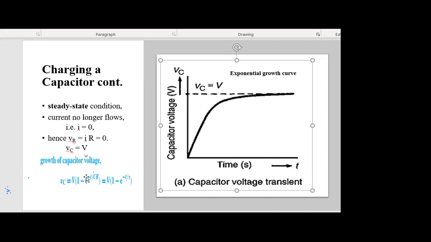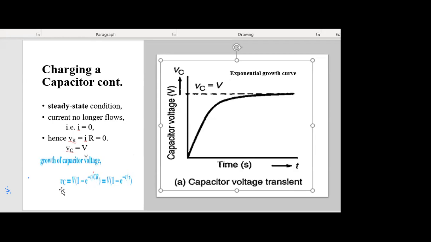So this exponential to the power T over CR. CR is capacitance times resistance, which is the same as tau, which is the same as T2 minus T1.